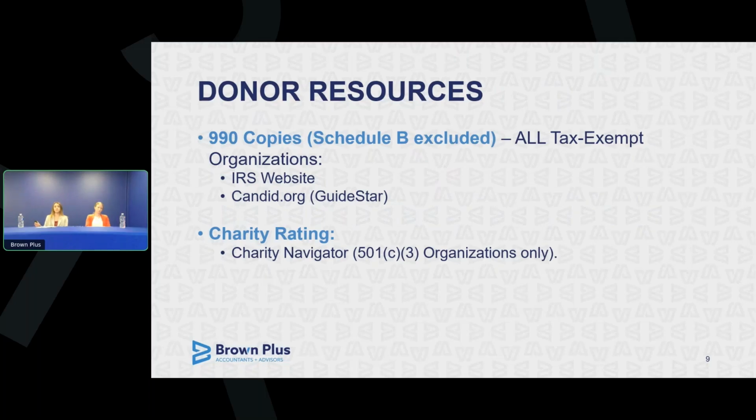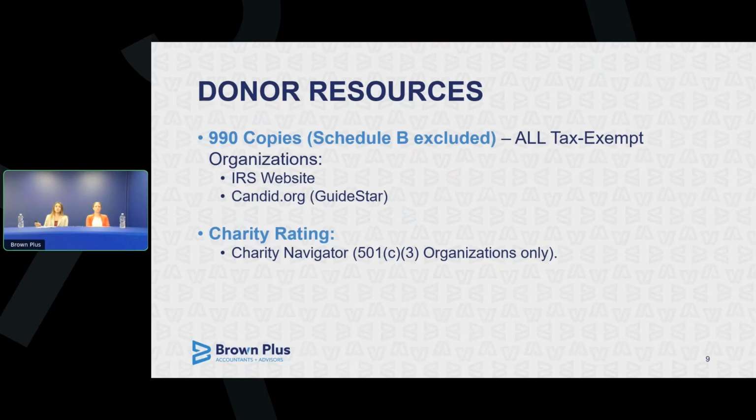Another common source used to be called guidestar.org. Now it's candid.org, so you may hear that used interchangeably. That's a free, very easy to use resource that donors may be using.